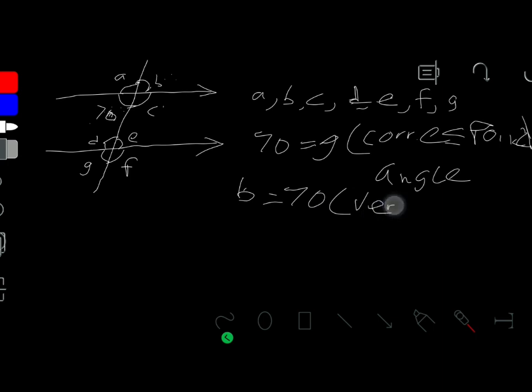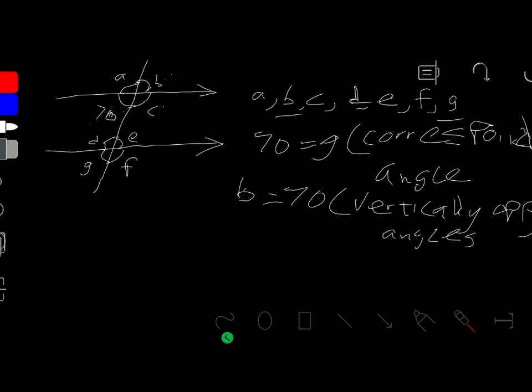Vertically opposite angles. I've gotten G. I've gotten B.